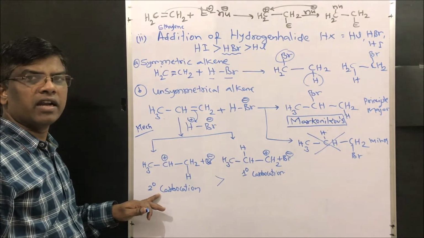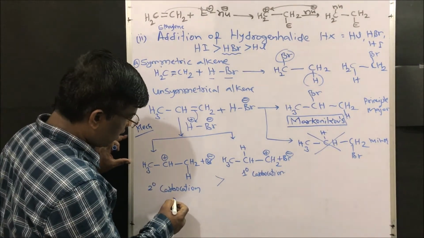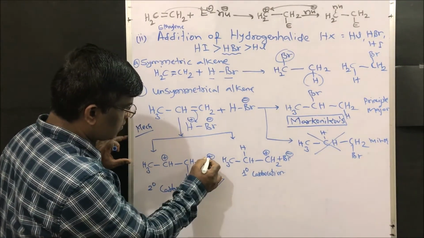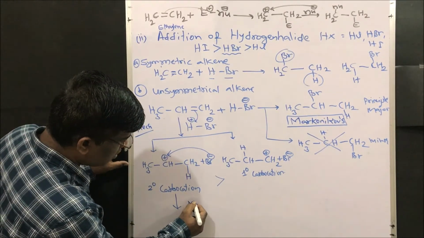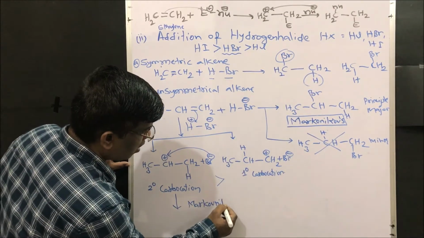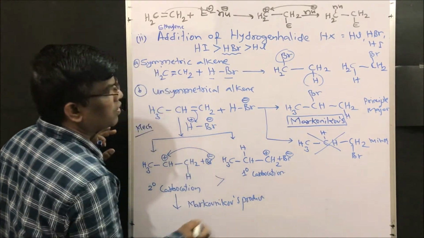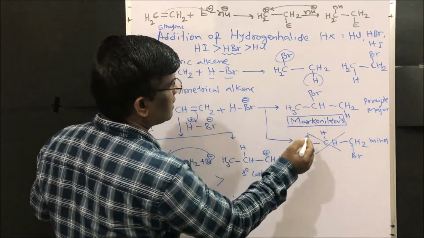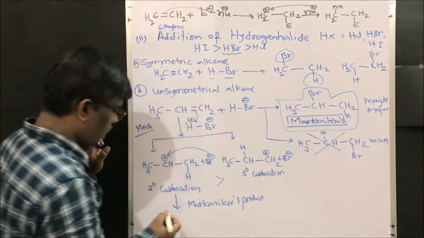The formed secondary carbocation easily takes up the bromide ion and gives our Markovnikov's product. This is the Markovnikov's product, where 2-bromopropane is formed.